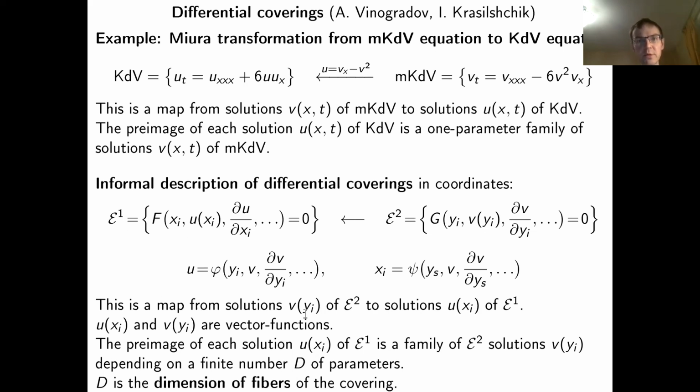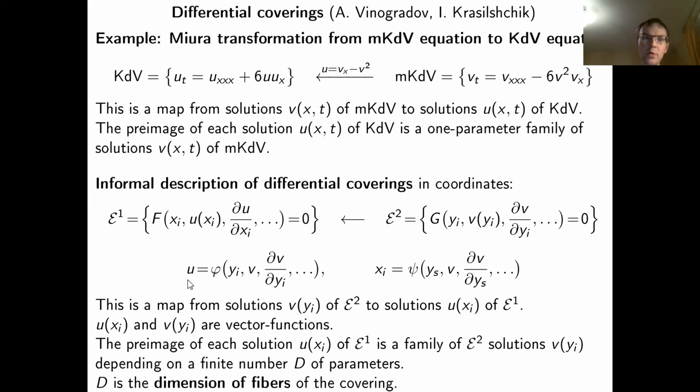And what is important also is that for a fixed solution U, its preimage is a family of solutions of E2 depending on a finite number of parameters, which means the following. If we fix a function U of xi satisfying the PDE E1, we can consider this system of equations. So the function U is fixed, so we know the values of U for any xi from some open subset.